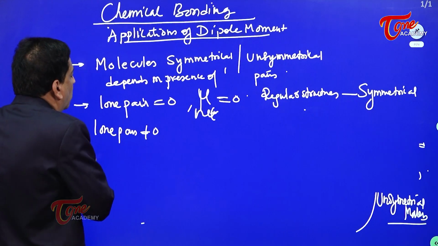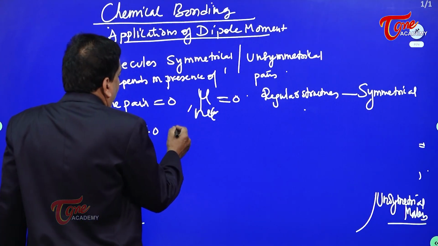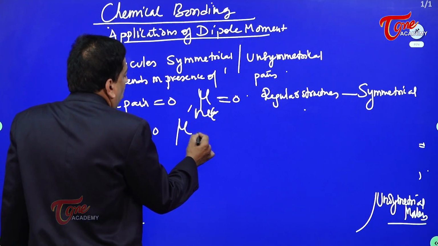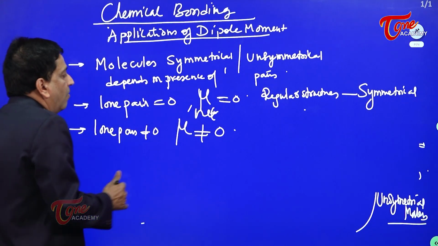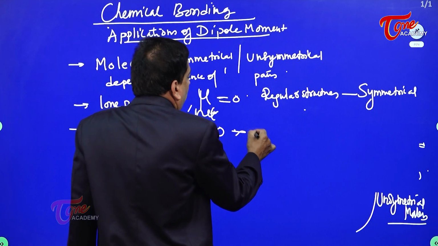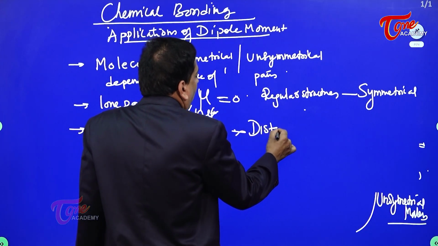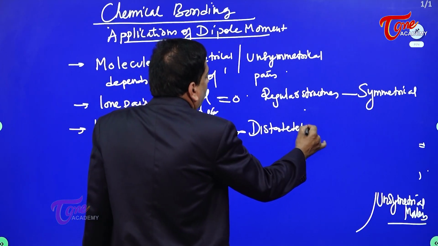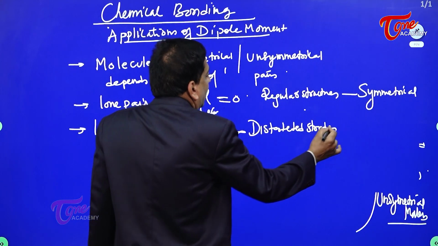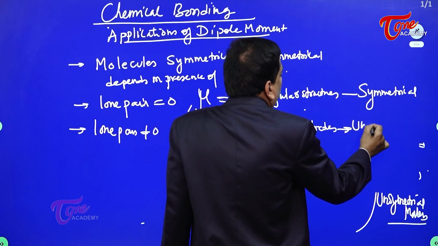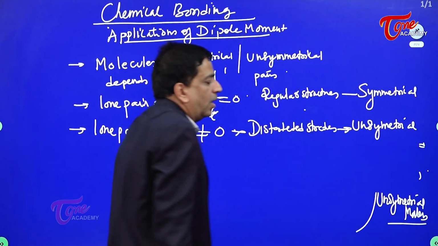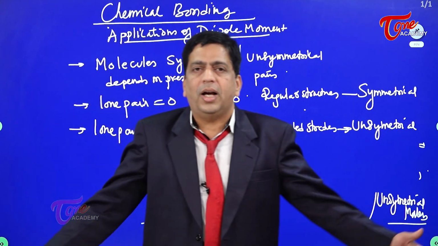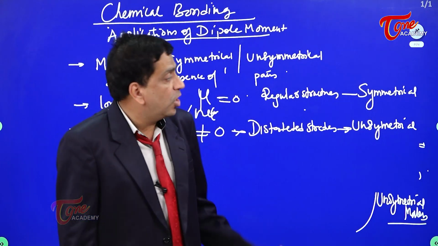If lone pairs are not equal to 0, then mu is also not equal to 0, you must understand. Then you do not have regular structures, you have distorted structures. Then we say such molecules to be unsymmetrical, you must understand that. Right? So that is how the application number 1.